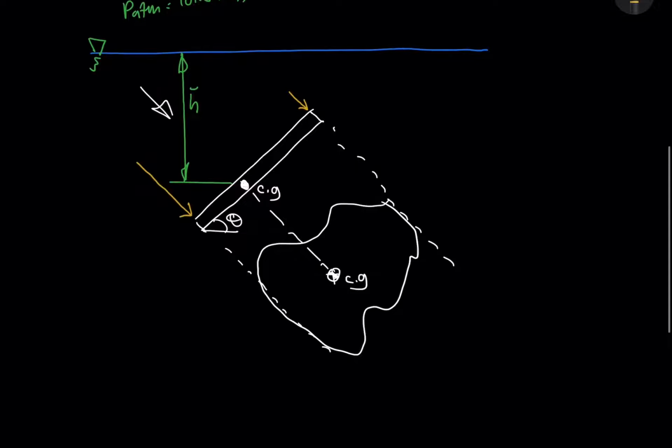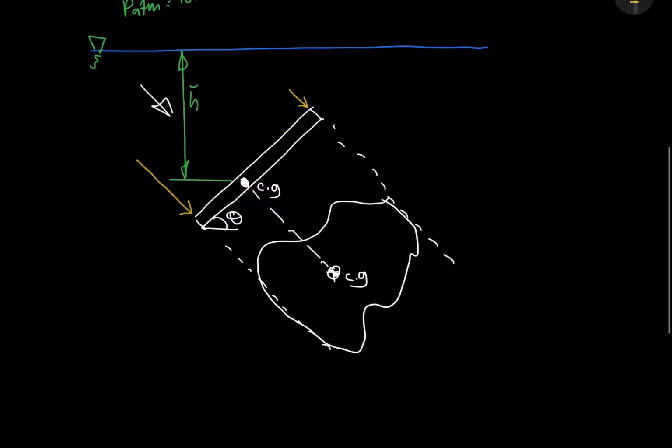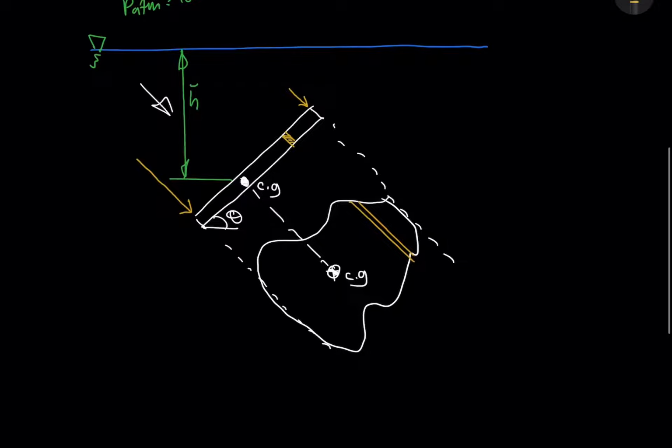So we take some element of area here, and an element of area there. You have an area by the name of dA, and over here you also have your dA.